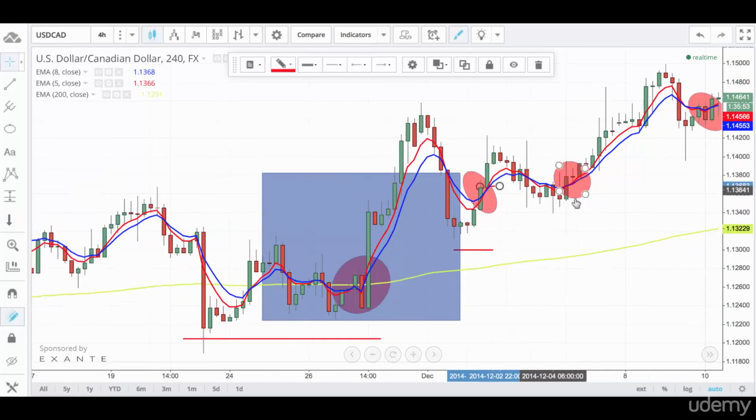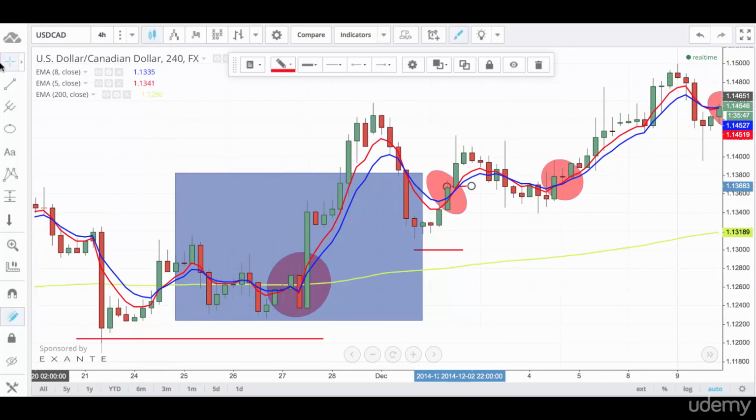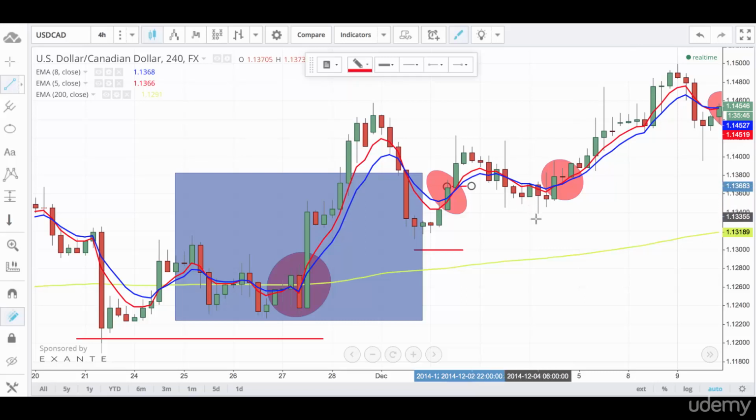And the second bullish crossover that we have is right here. So I would have placed my stop just 10 points below the nearest swing low, which is right here, and my entry is on the close of this candle right here.